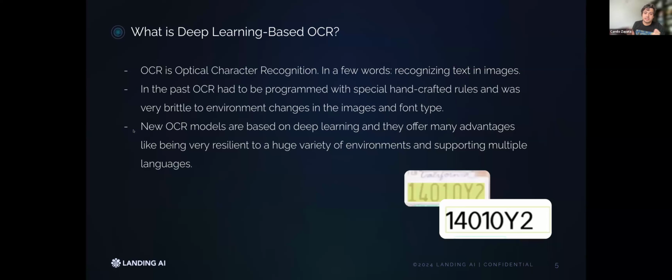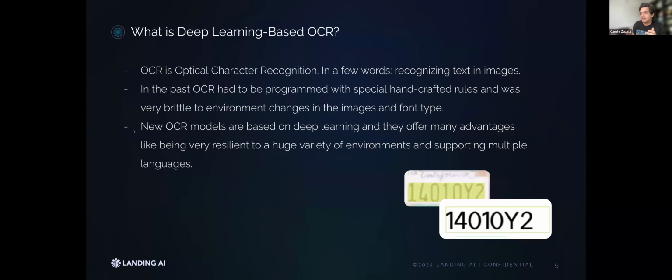Some advantages of the deep learning-based OCR models are, for example, that they're very resilient to a huge variety of environments, different font types, different lighting, different types of printed fonts. So they're very sturdy when you compare them to the traditional OCR models.